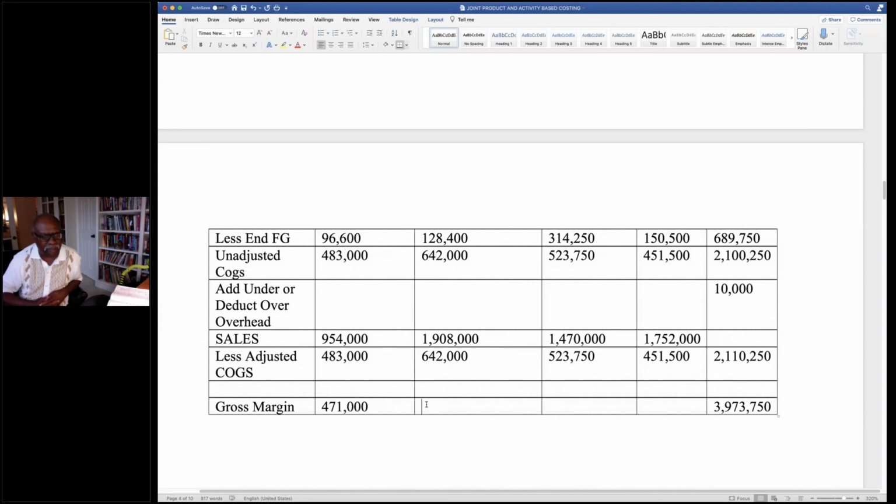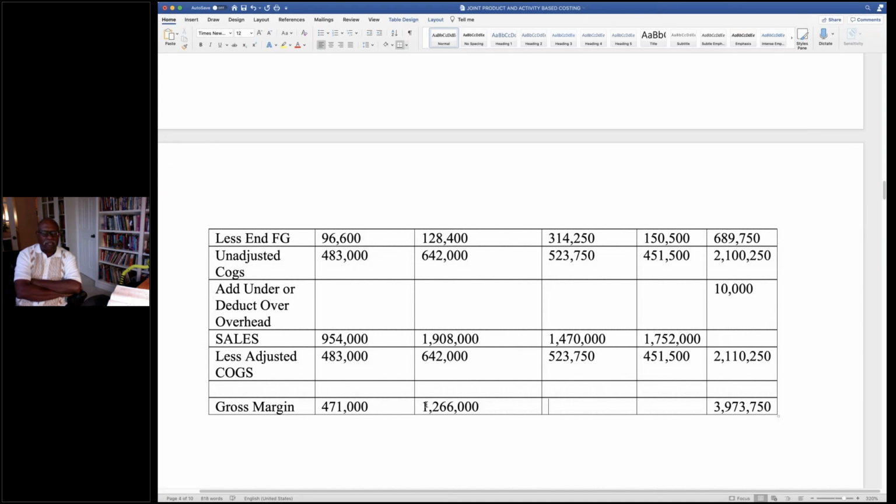How much we made on the intermediate book? 1,266,000. We made some bank.